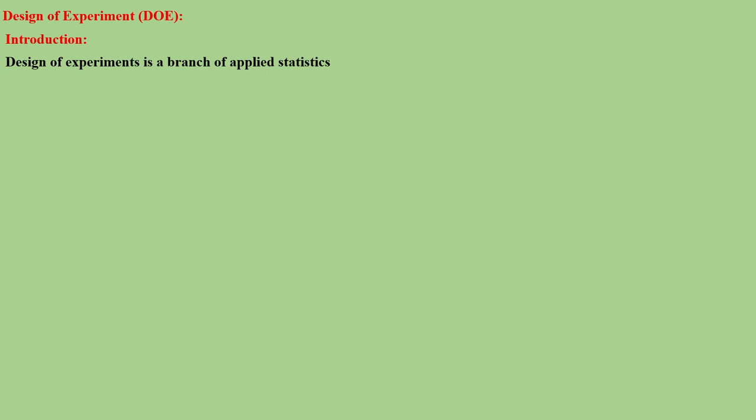So design of experiment is a branch of applied statistics that deals with planning, which means you have to plan the experiment carefully. If you are going to do an experiment and want some conclusion from it, you have to plan it very carefully.